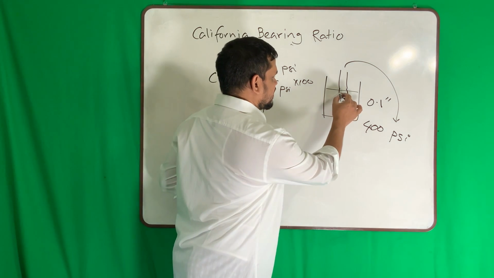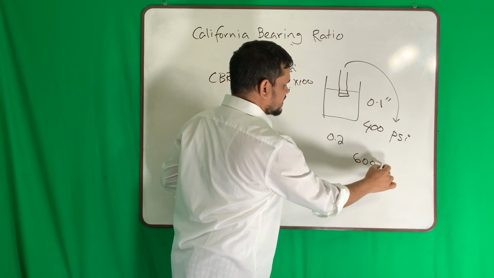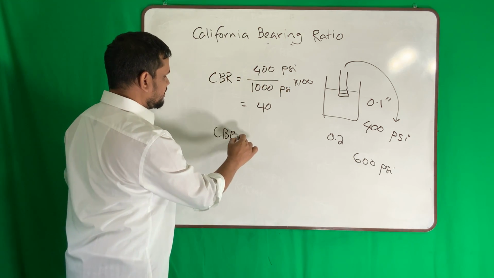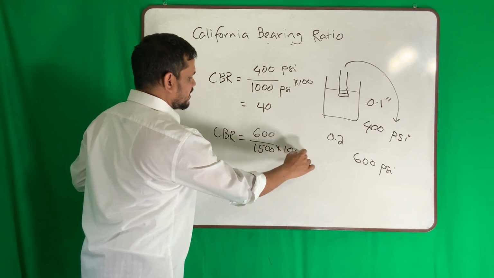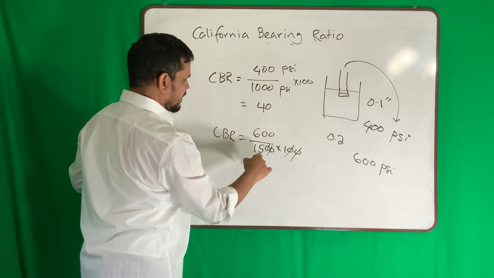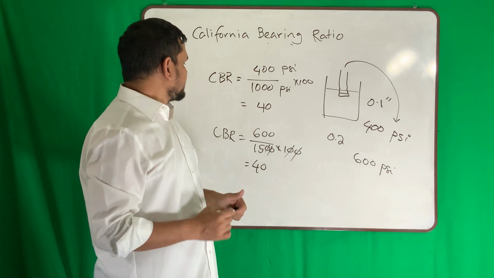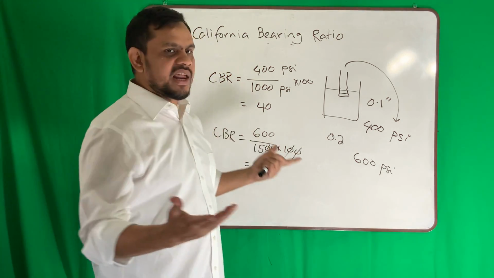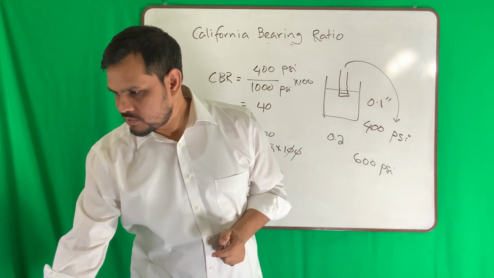Now, if I penetrate 0.2 inch and I need say 600 psi, then we calculate the California bearing ratio as 600 divided by 1500 times 100, so again 40. So this is the California bearing ratio. Now the question is, what does the California bearing ratio mean? In your book there is an equation. I did not memorize this equation.